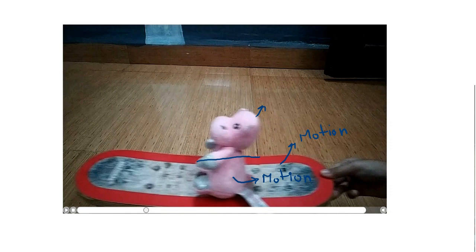When it suddenly stops, it means an external unbalanced force is applied in that direction. The lower body which is in direct contact with the skateboard will come to rest.